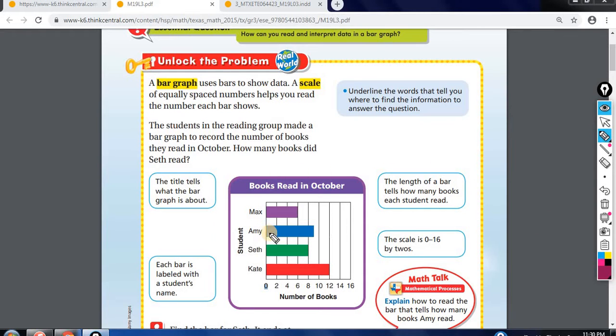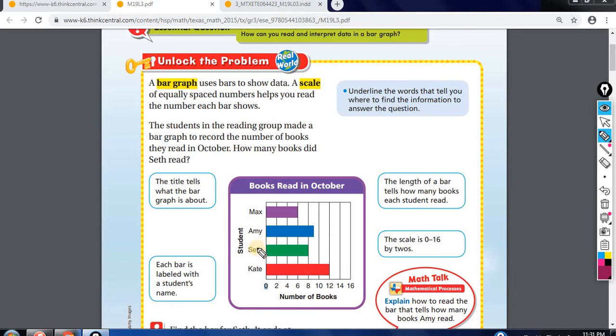Okay, so how many books did Seth read? So we go to Seth. Seth read 8 books. How do I read that? It's right here. Now, the key for bar graphs is to take your time because if you rush through this, somehow your eyes will see Seth, but then you're going to look at this bar right here for Kate. It's just a common error of the way the eyes read graphs if you go too fast.